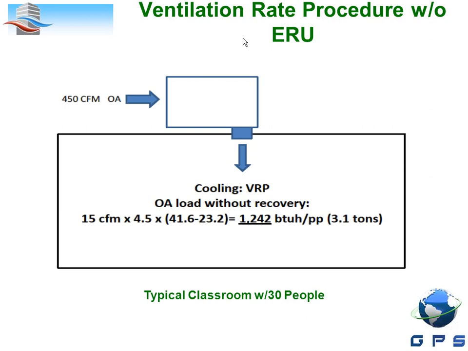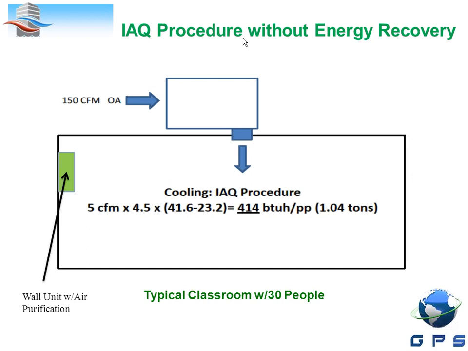So you've got to heat it, you've got to cool it, but that's the penalty. If we look at that same classroom and we install a GPS device, we take it from 15 CFM down to 5. We're bringing in 150 CFM, not the 450, and your penalty is only 1 ton.